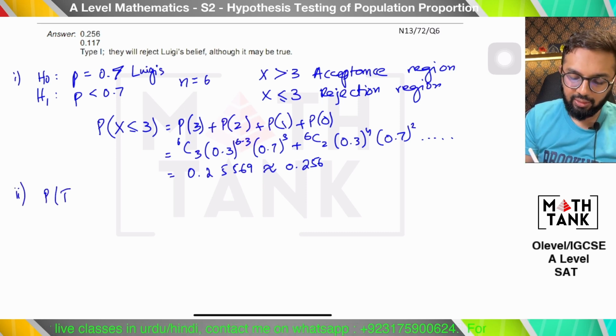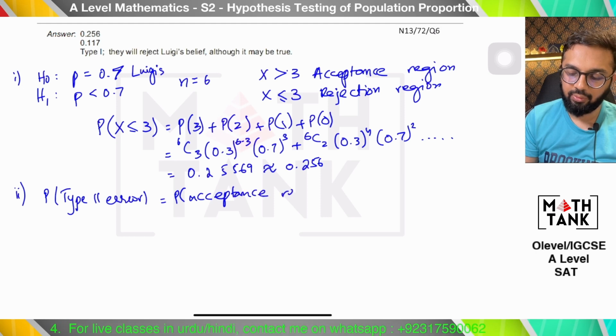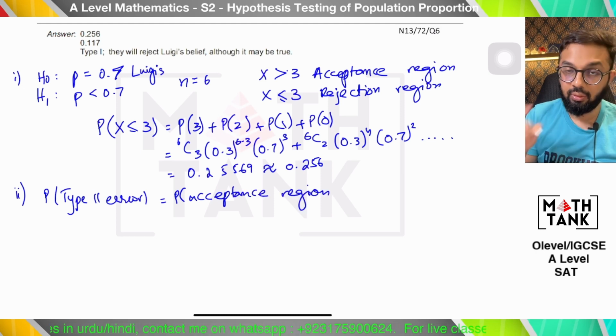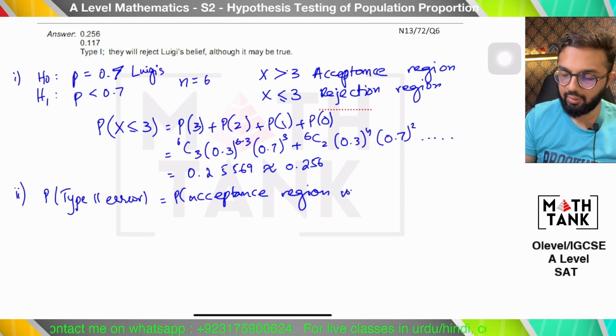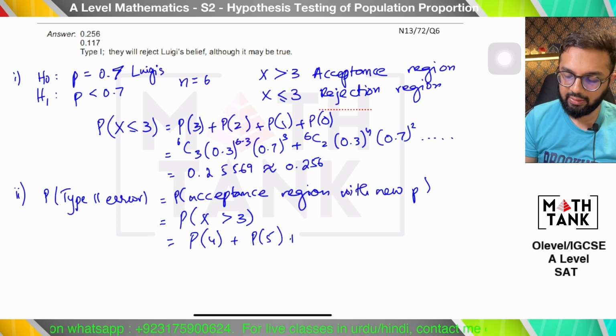Okay, so a type 2 error is the probability of the acceptance region with the new p. So the acceptance region is x greater than 3. So I'm calculating the probability of 4, 5, and 6 with the new p.